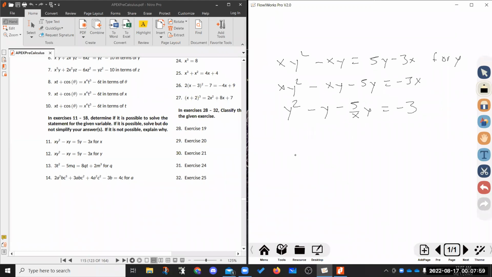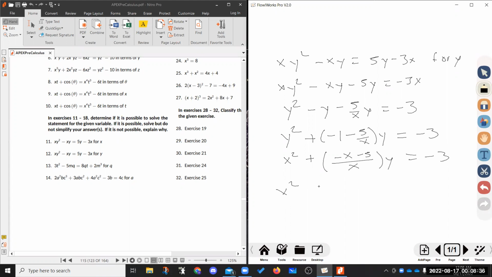Now I'm going to have y squared plus -1 minus 5 over x, y, is equal to -3. We need to take half of this, so let's write that as -x minus 5 over x.